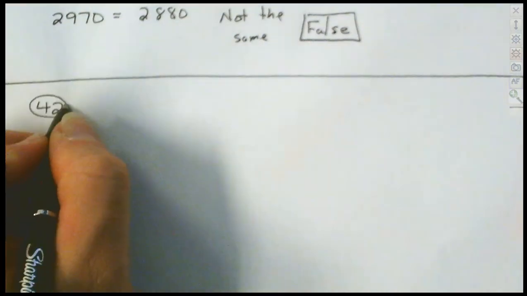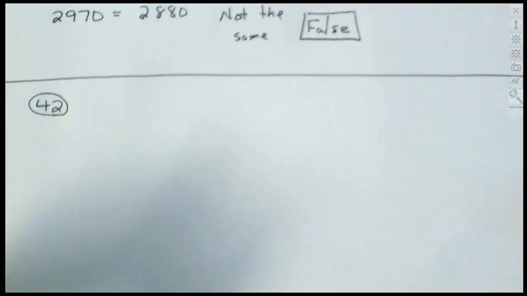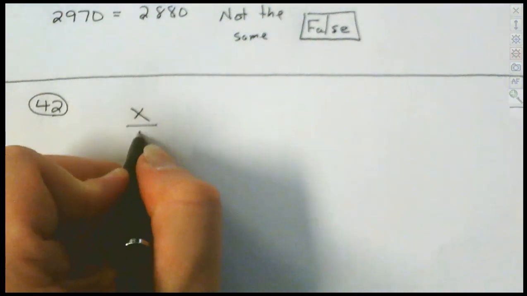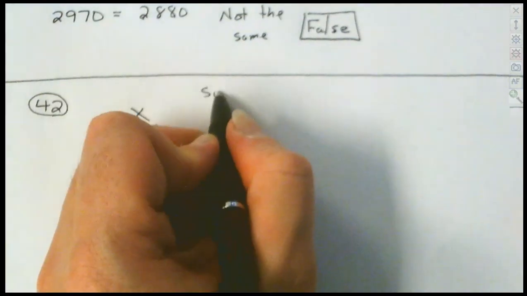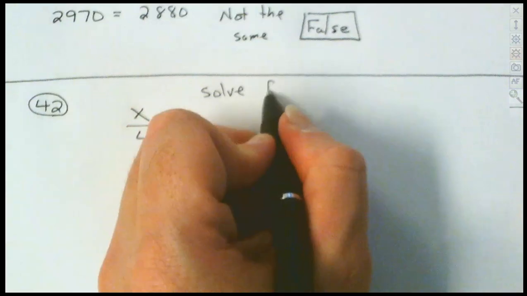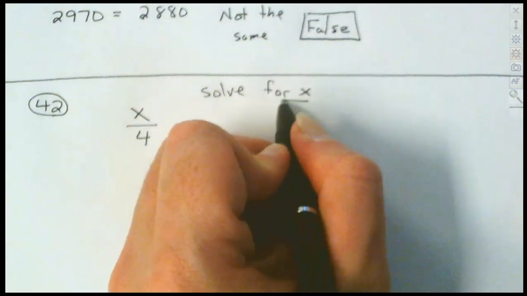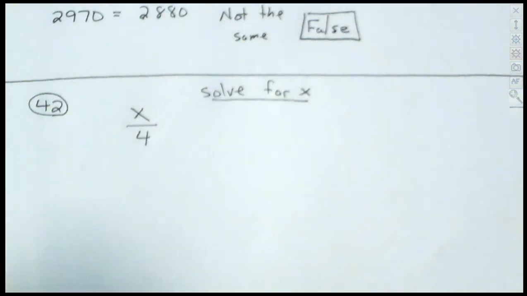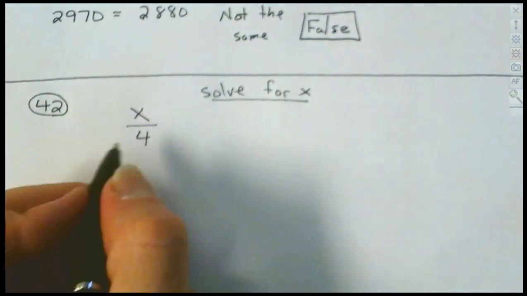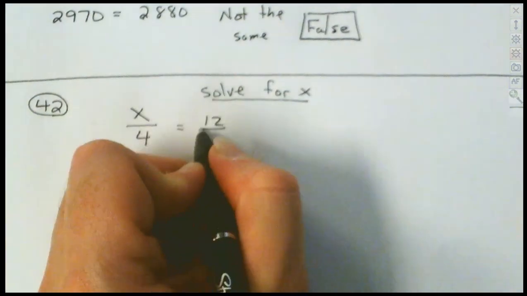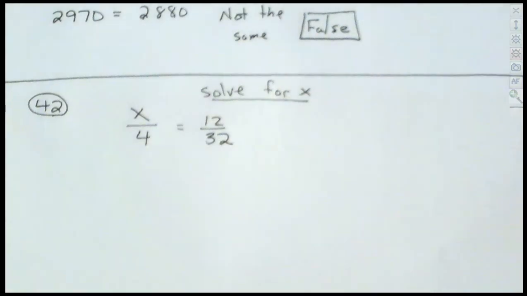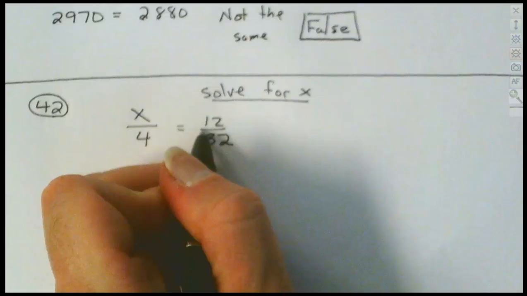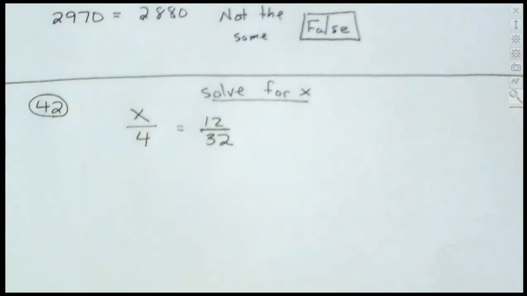And these are actually very easy to solve. And the directions are going to be solve for x. So we want to find our x here. So I want to go ahead and solve this for the variable x.